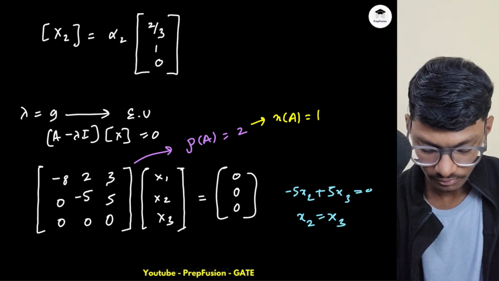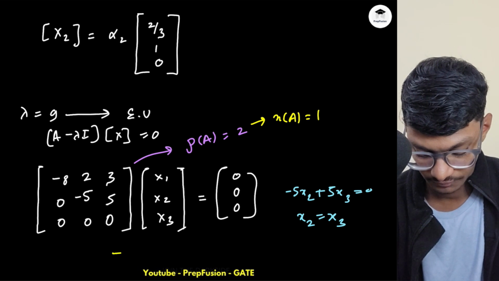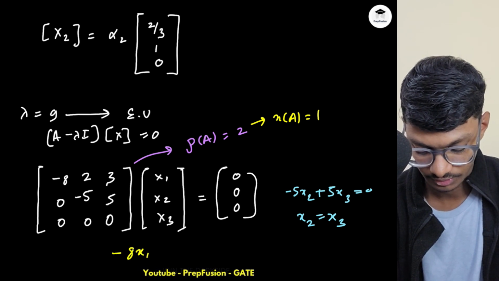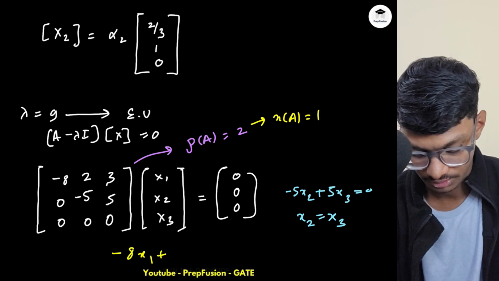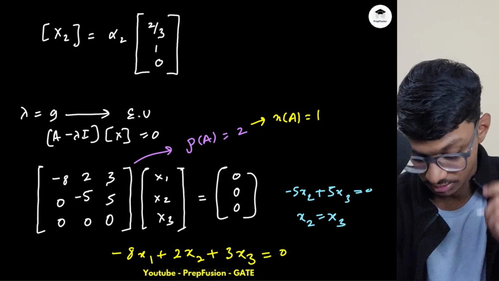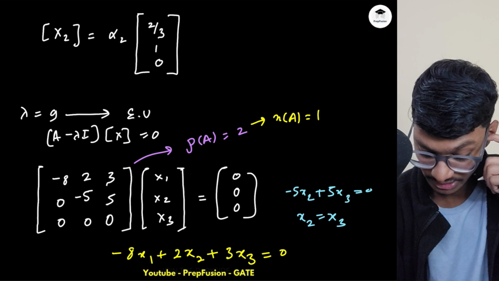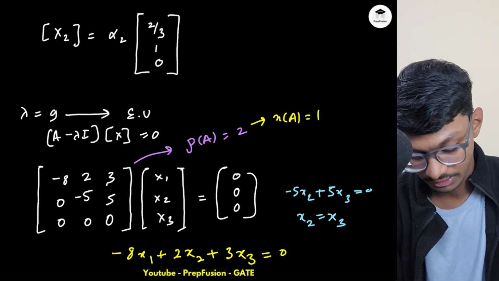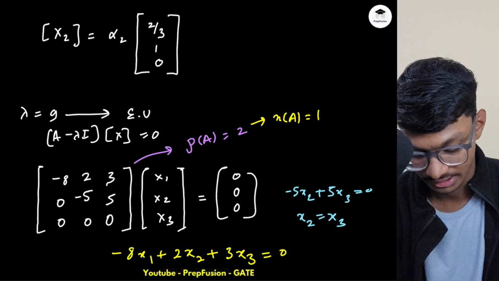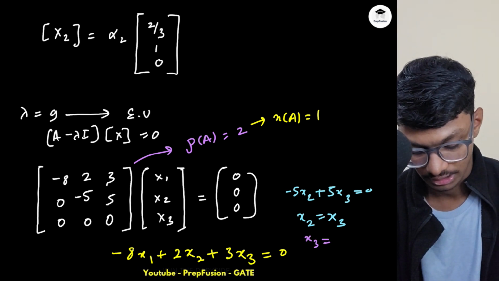Now the first equation: x1 plus 2x2 plus 3x3 equals 0. Now x2 equals x3, right? So I can choose x3 as anything, as alpha 3.